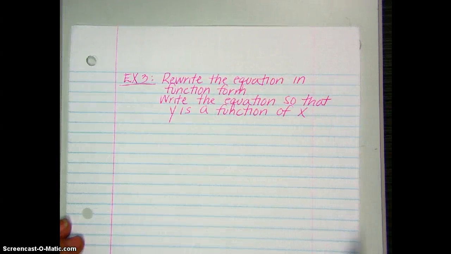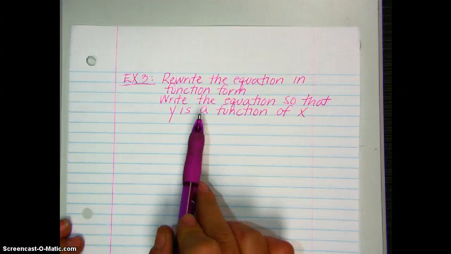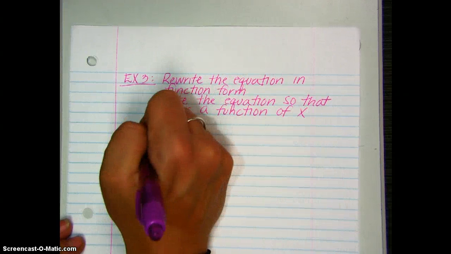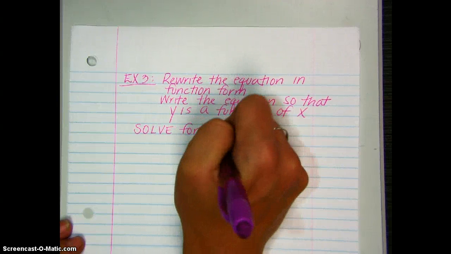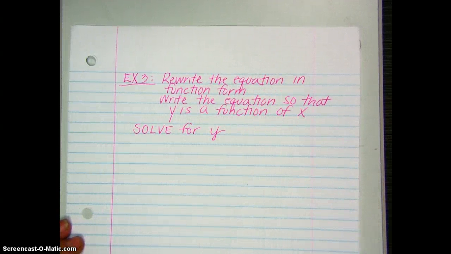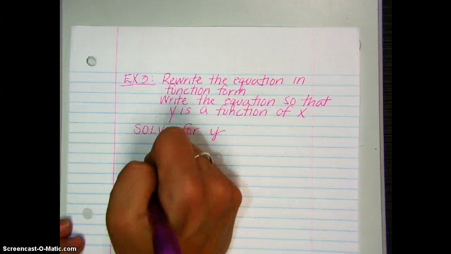So either way, no matter what direction you're given, you're basically being asked to do the same thing, and that is to solve for y. So you're trying to get y by itself. So let's look at this example.